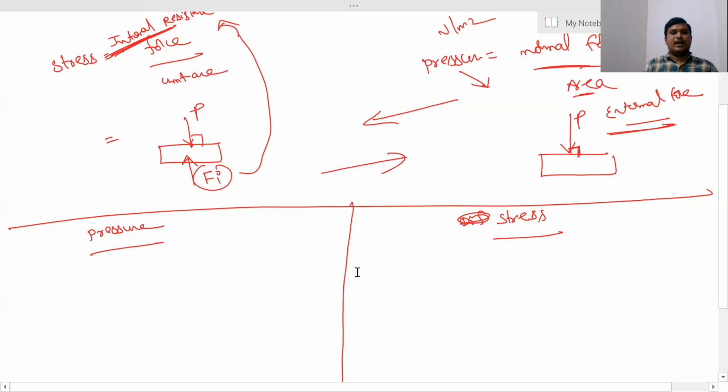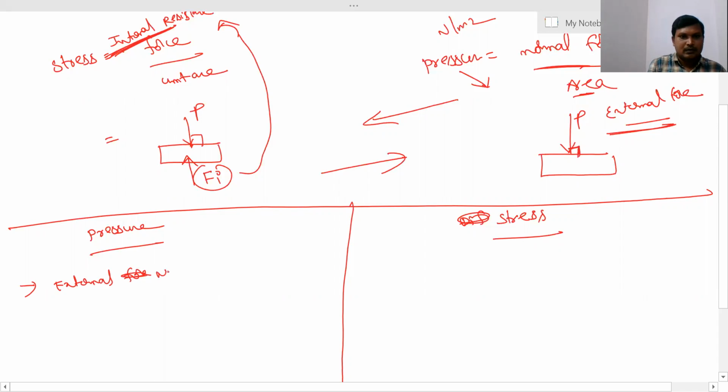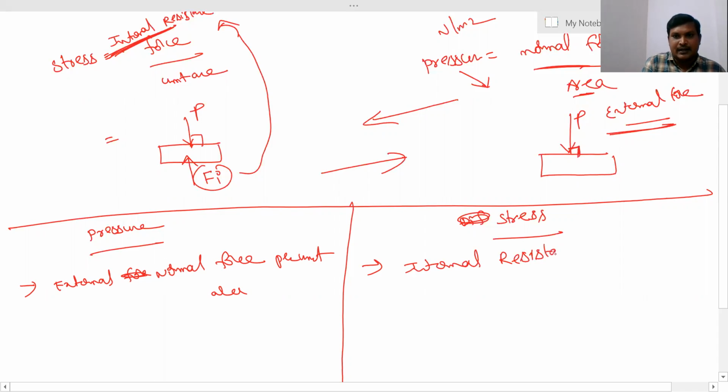Okay. So the fundamental difference between stress and pressure. Pressure is nothing but external normal force per unit area. So what is stress? Internal resistance force. Underline this word. Resistance force per unit area.